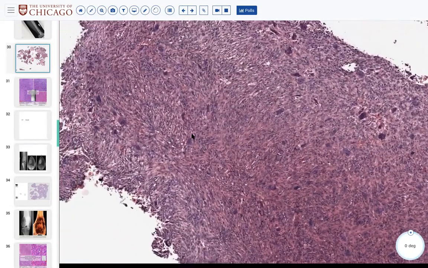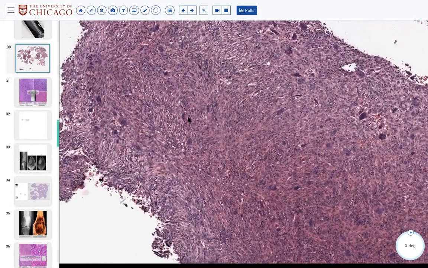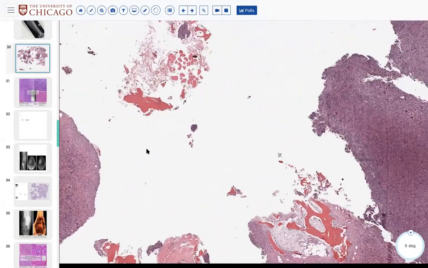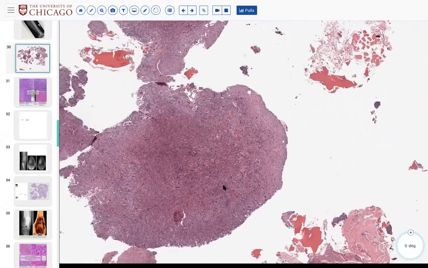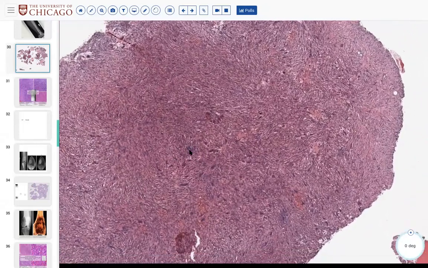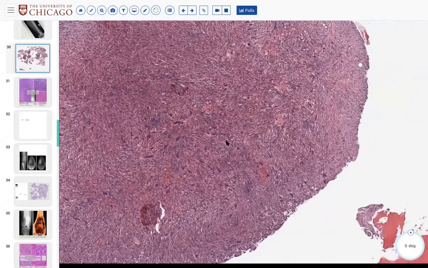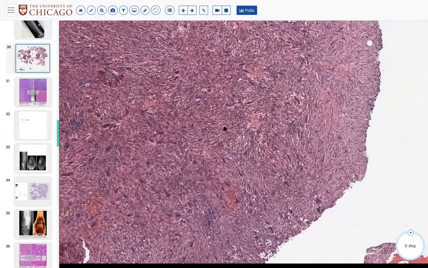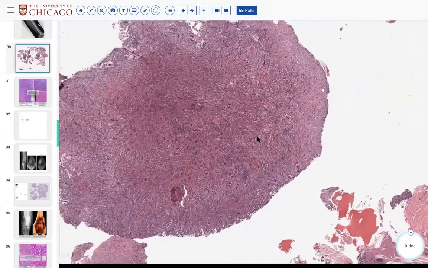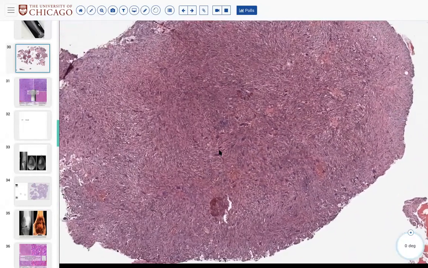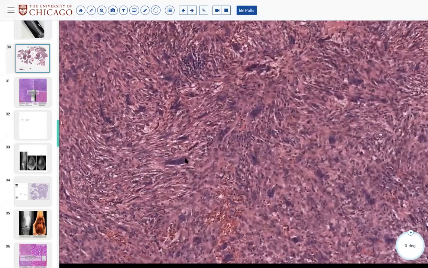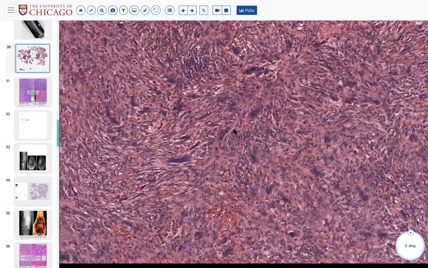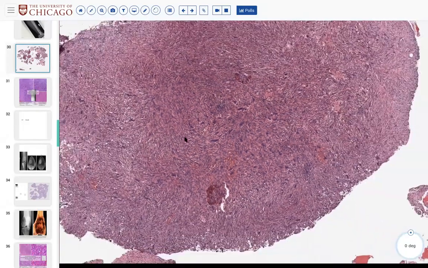This was not my slide, but it's a little more densely cellular in the background, and arguably the spindle cells take on a somewhat more tightly packed storiform appearance, such as what you'd see in a dermatofibroma or a fibrous histiocytoma of the skin. That being said, there are nicely scattered giant cells, and the giant cells are being compressed or squeezed, I think, by this storiform stroma.